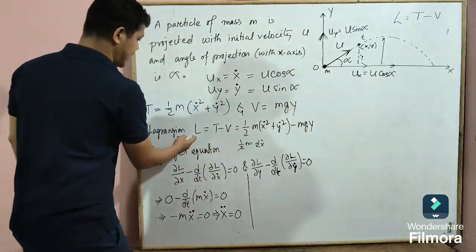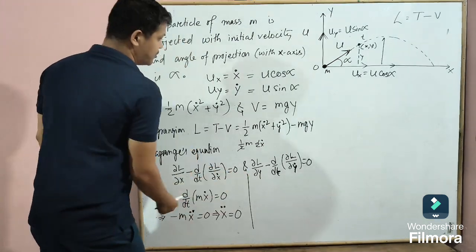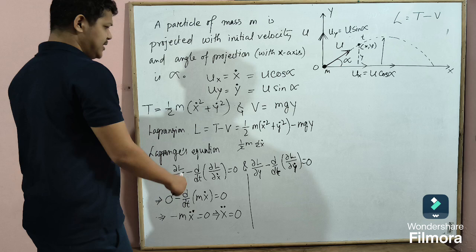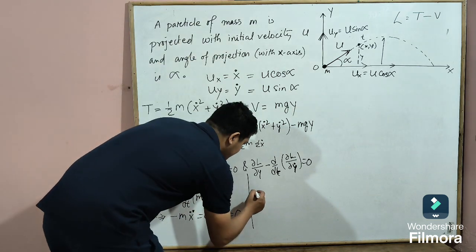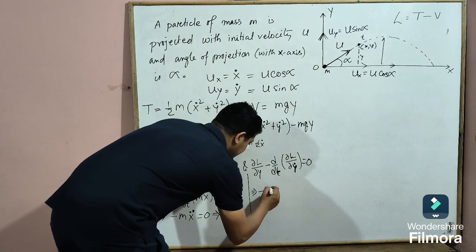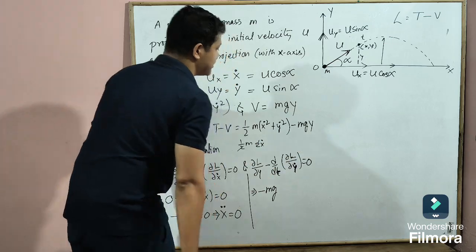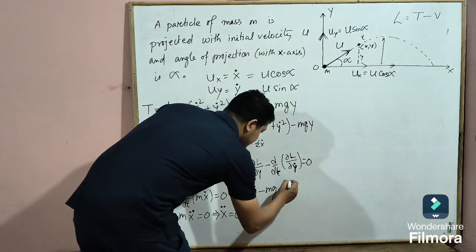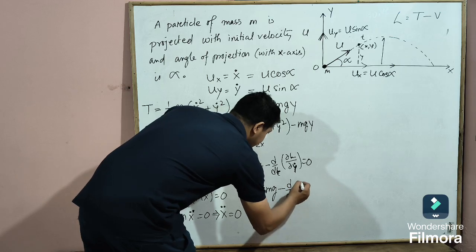If you differentiate this L partially with respect to y, there is only one term containing y, that is mgy. So here we're going to have minus mg. If you differentiate y with respect to y, that's going to be 1 into minus mg, right? Then minus the time derivative.